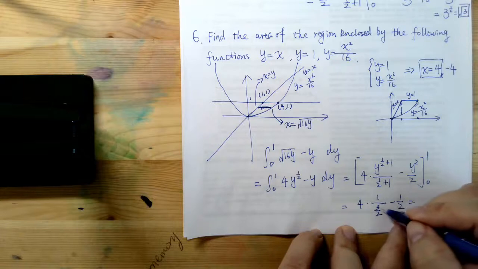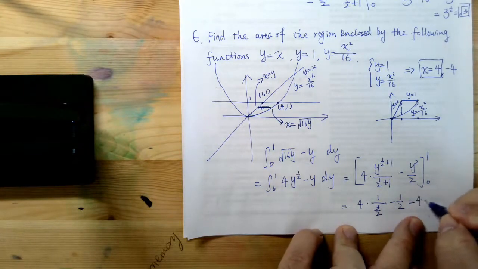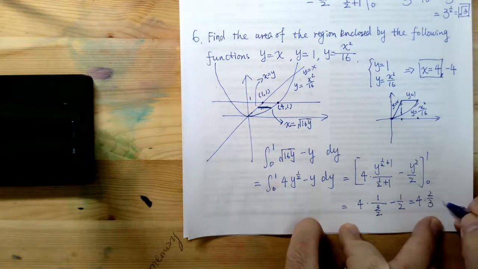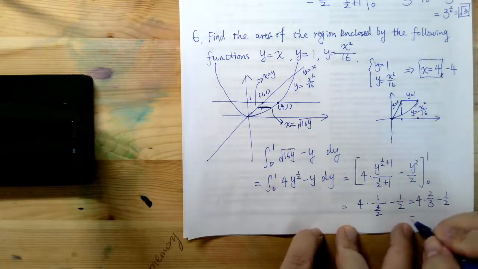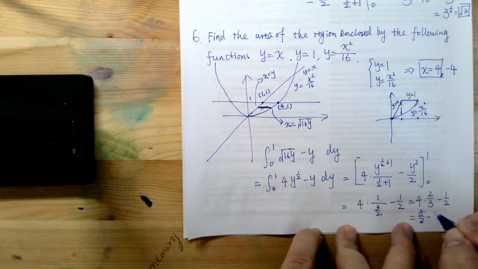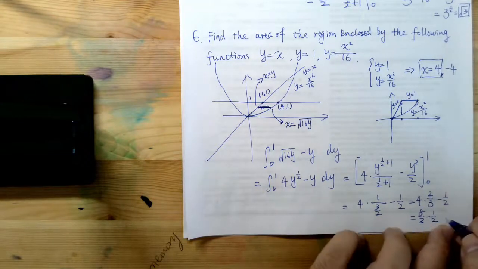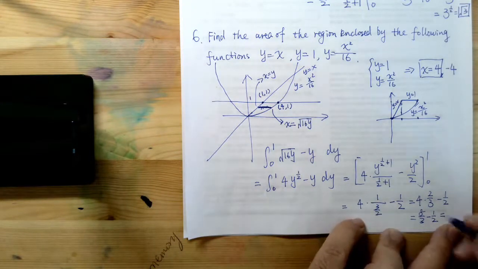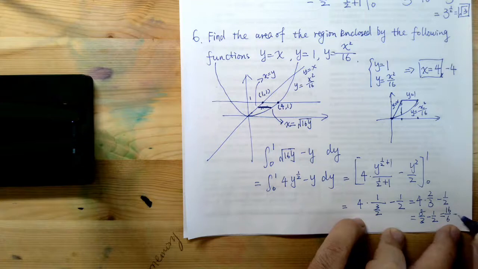So this part is 4 times 1 over 3 over 2, which is 4 times 2 over 3, minus 1 over 2. That's 8 over 3 minus 1 over 2. You can give them the same denominator, which is 6: 16 over 6 minus 3 over 6.